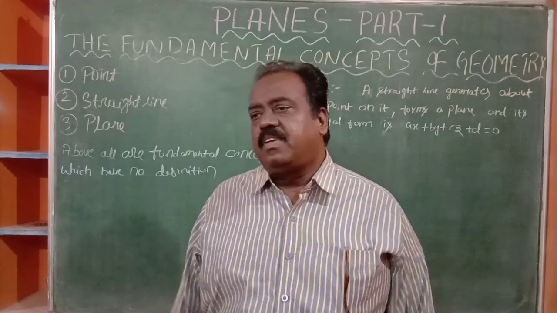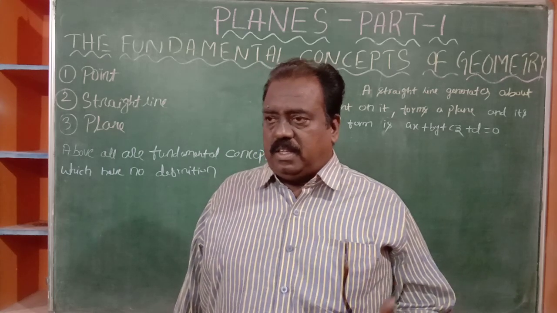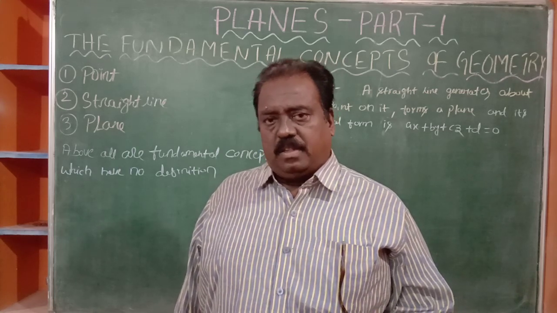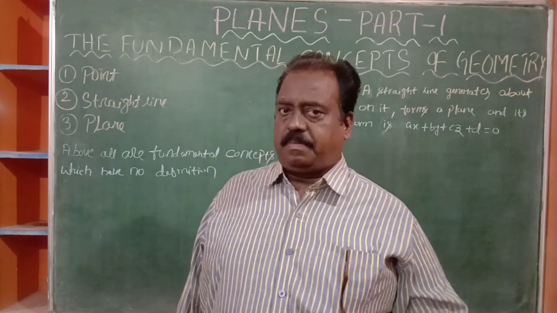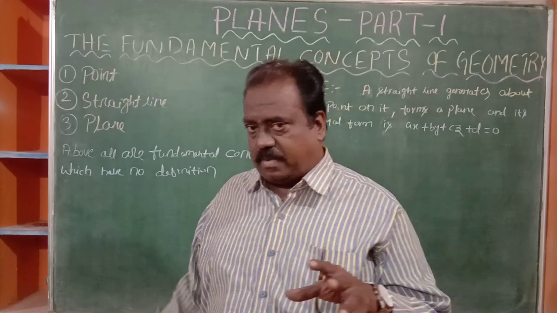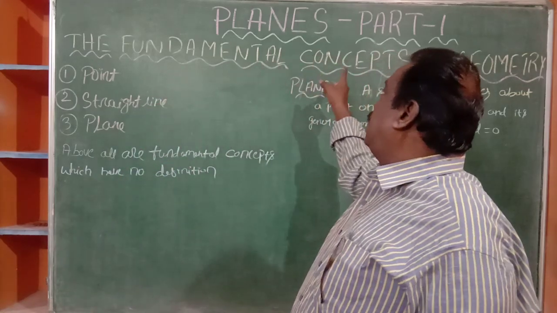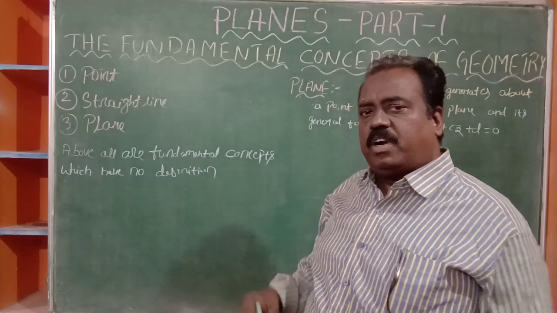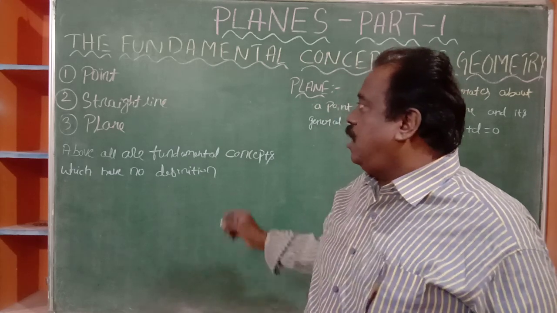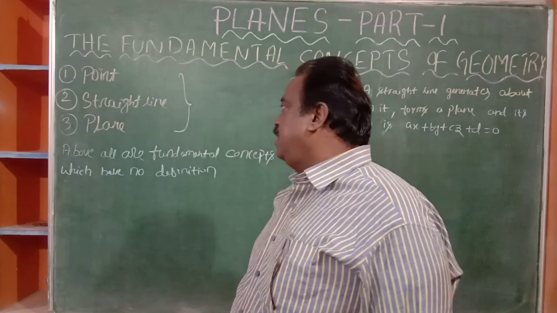So here in this geometry, some fundamental concepts are there. Already I mentioned the fundamental concepts of geometry, three-dimensional geometry, two-dimensional geometry, whatever it may be. Those are the point, the straight line and the plane.